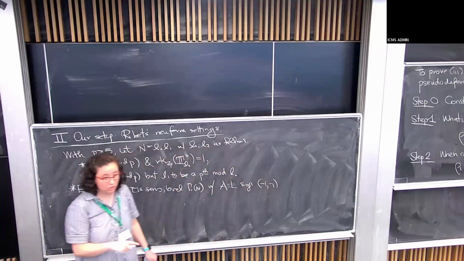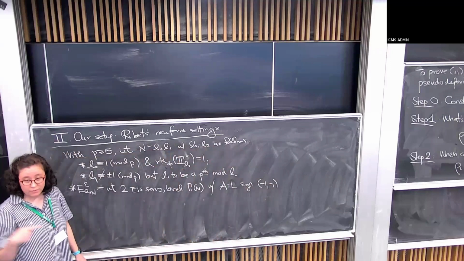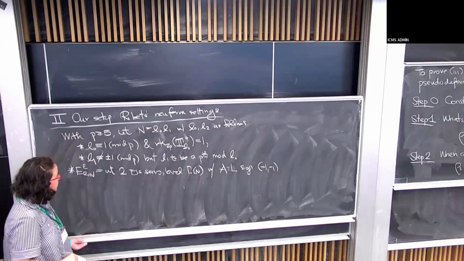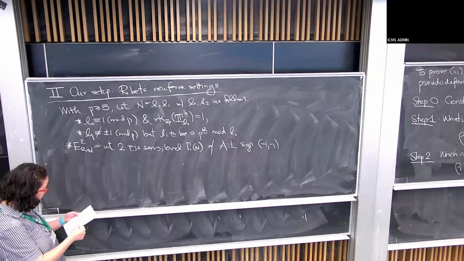So at each prime, L naught and L1, we're specifying that we want the Atkin-Lehner sign to be -1. So that singles out a unique Eisenstein series. So this is the setting that we're going to consider.